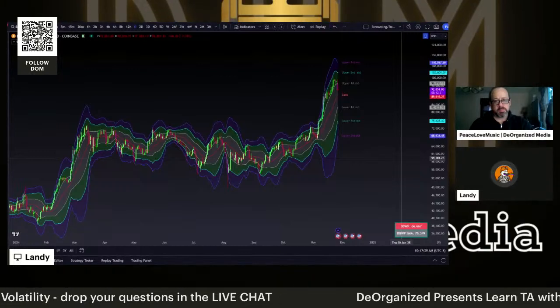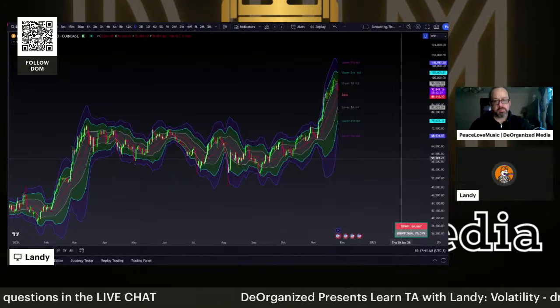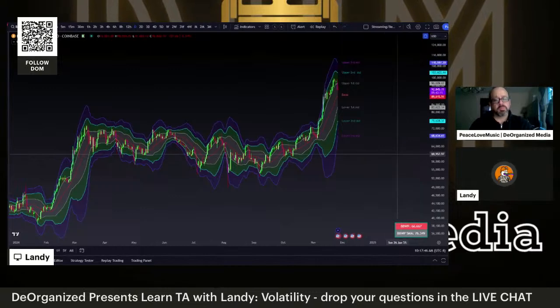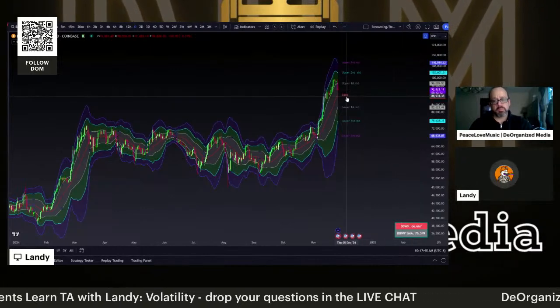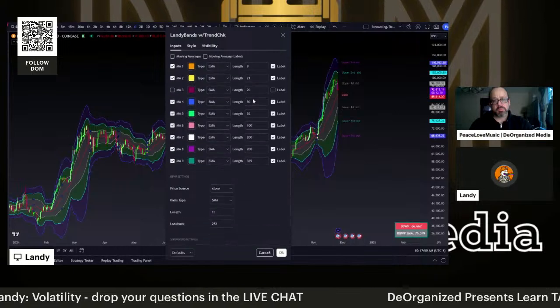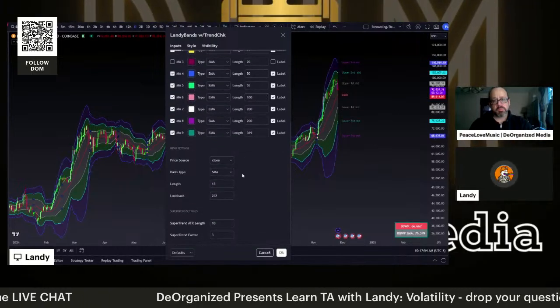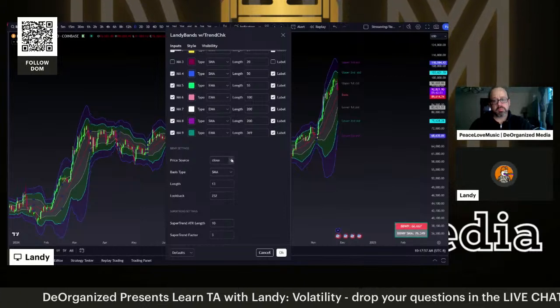So OHLC, or open, low, high, close, depending on who you talk to. By the way, that can be a little different. But in this case, we have my indicator that I've shown off before, where we have a basis for BBWP.